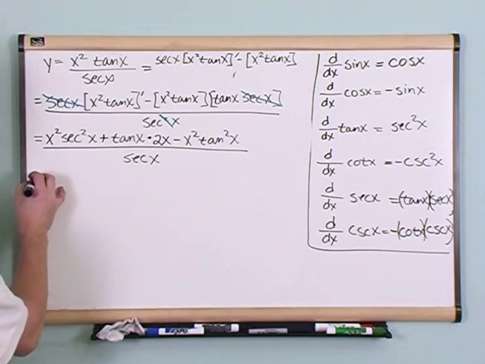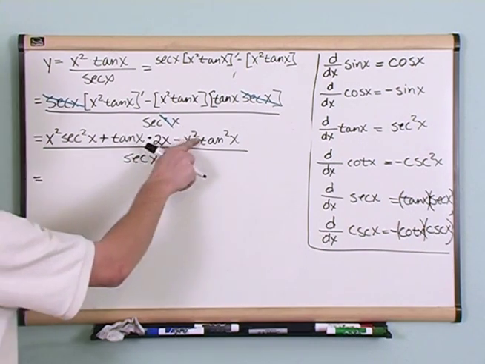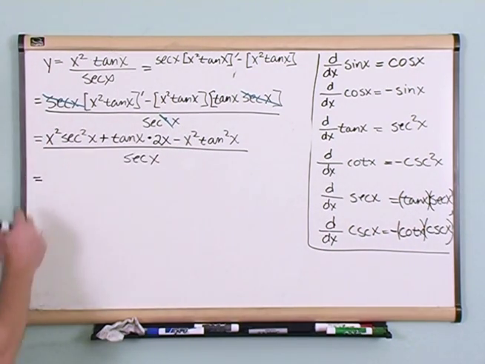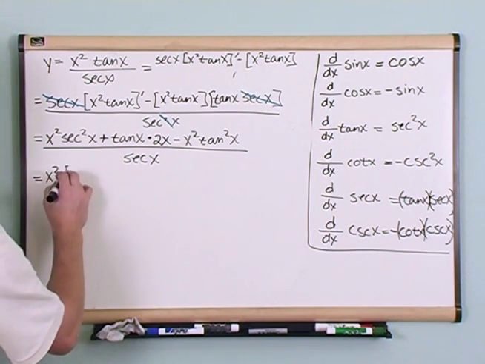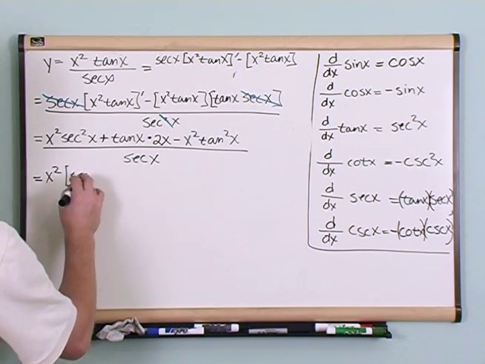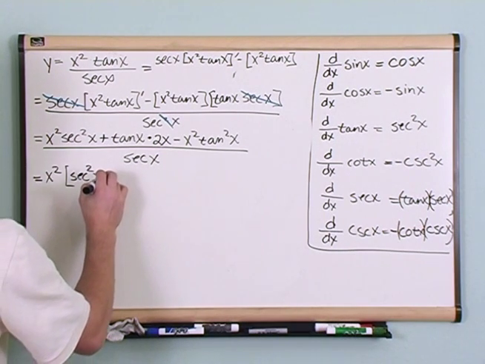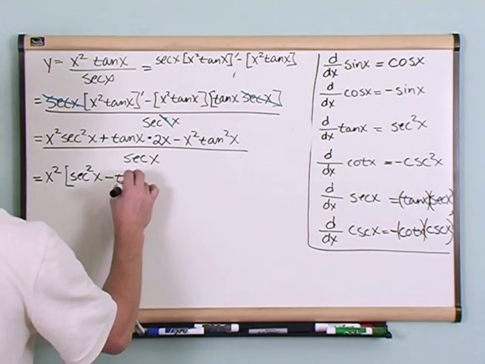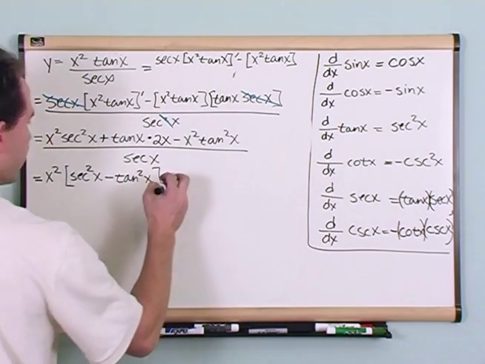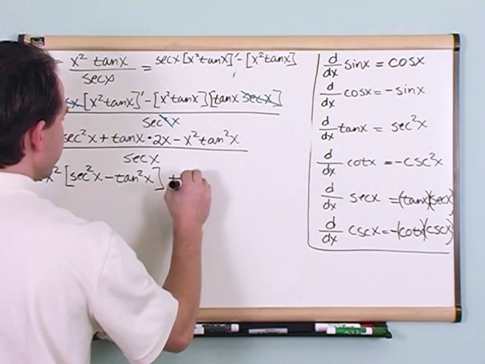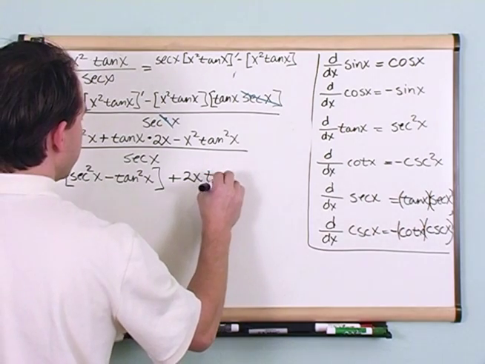So really what I'm going to do is take an x squared and factor it out from here. So I'm going to have x squared, and inside of this I'm just going to have secant squared of x minus tangent squared of x. You'll see where I'm going with this in a second. Plus 2x tangent of x.